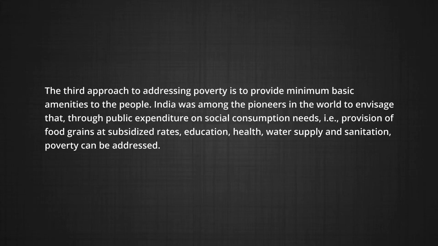The third approach to address poverty is to provide minimum basic amenities to the people. India was among the pioneers in the world to envisage that through public expenditure on social consumption needs, that is, provision of food grains at subsidized rates, education, health, water supply and sanitation, poverty can be addressed.